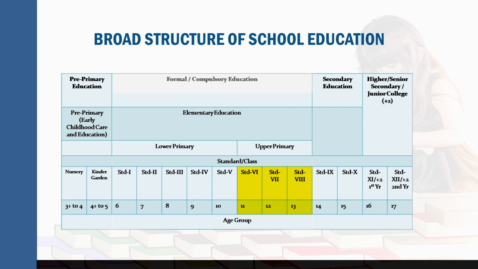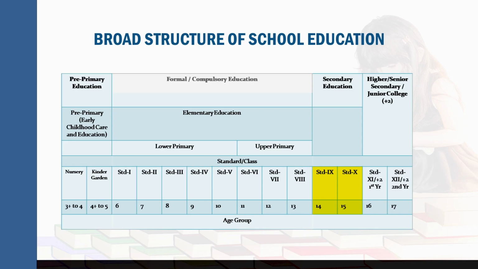And further, at the secondary stage, I think you are well acquainted with secondary education. It includes 2 classes, 2 years of schooling, that is standard 9th and standard 10th. At the age of 14, students study in class 9th, and at the age of 15, students are in class 10th.